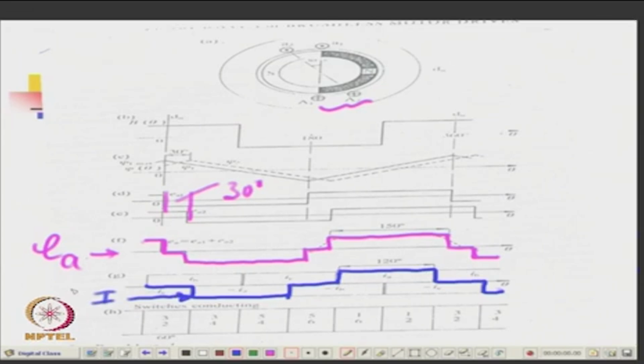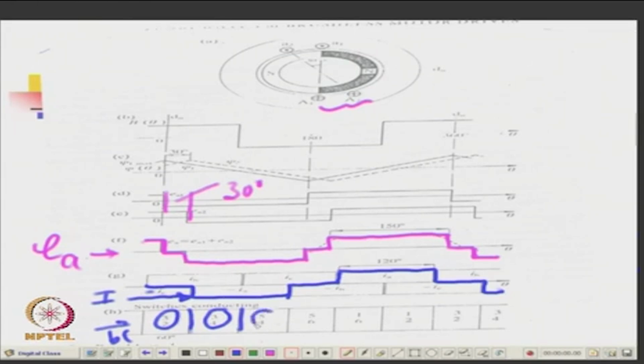This is how you are going to pass the currents, and each of these segments, the switches operating here is 3-2. Okay. So, 3-2 means it is minus IC and plus IB. Okay. So, this will be 3-2 is a BC, and this side is 3-4, this segment is 3-4, which will be minus this will be minus IA and IB.